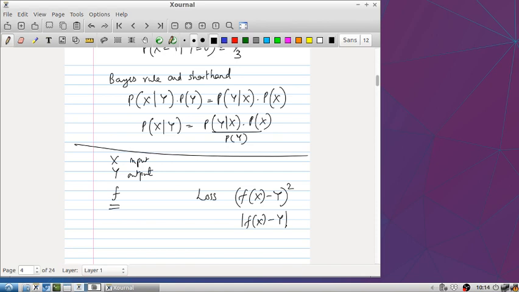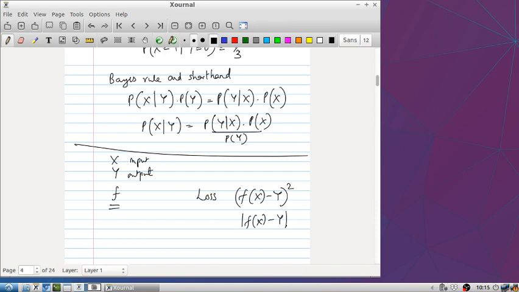Why is the absolute value one not squared? Because the absolute value already doesn't care about which one is greater or smaller than the other. But wouldn't you get different values with certain numbers? No, let's say f of x is predicting 2 for some x and your real value is 3.